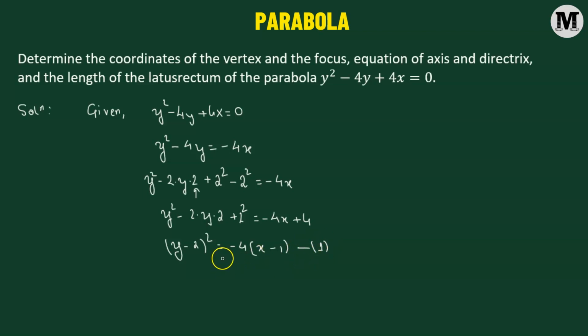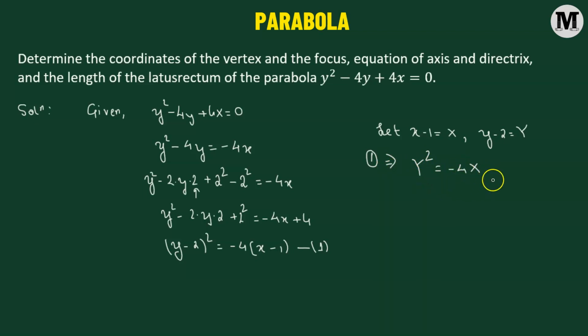However, the vertex is not at the origin. So here we'll make a substitution. Let x minus 1 be equal to X in uppercase, and y minus 2 be Y in uppercase. Then our equation number 1 is now going to be Y squared equals negative 4X.